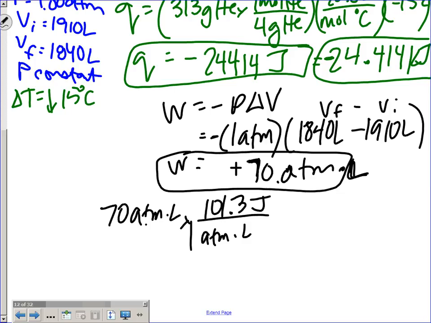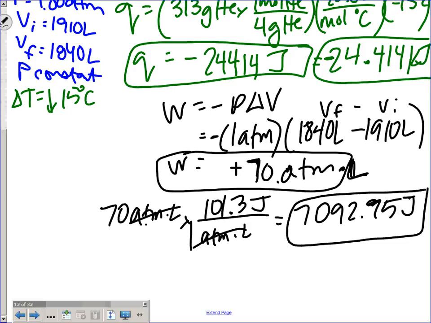People couldn't remember if 101.3 went with joules or with atmosphere liters. So memorize it goes with joules. Atmosphere liters cancel, so that's 7,092.75 joules. I could take this to kilojoules, or I could just add this to my original joules. So add those together.